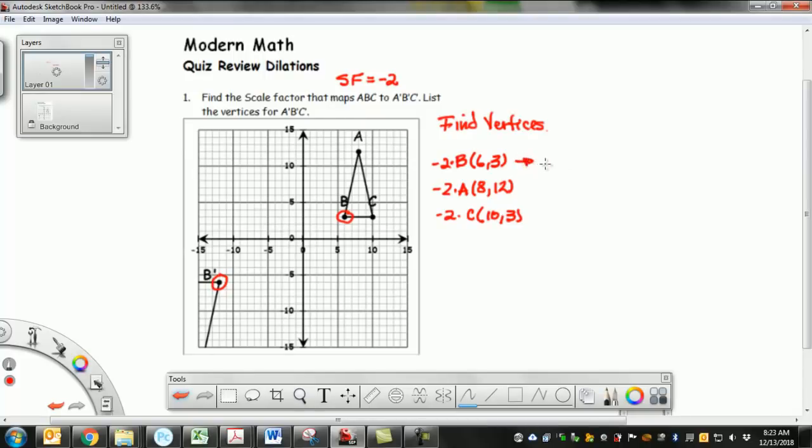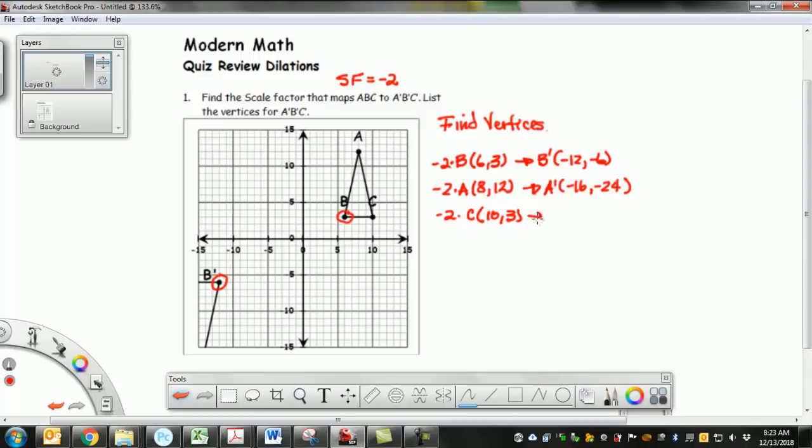Okay, now let's do our mapping. That leaves B' to be -2 times 6 is -12, and -2 times 3 is -6. And that's what we had from our last little bit. -2 times 8 is -16, and let's see here, -2 times 12 is -24.